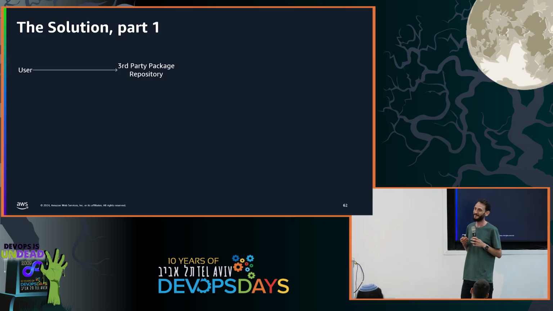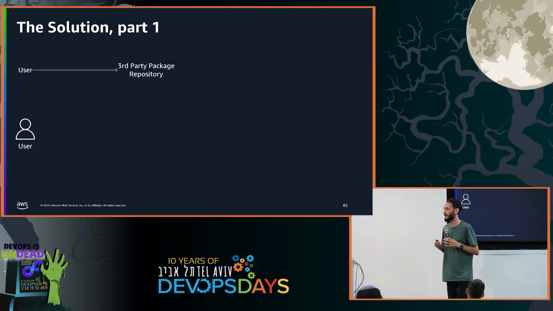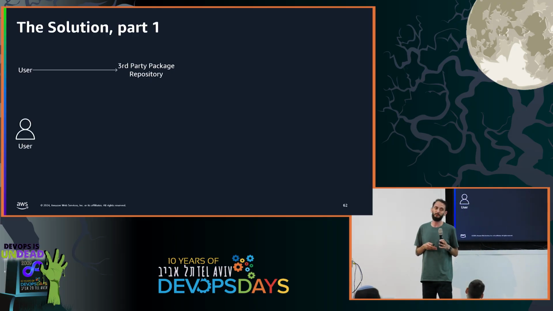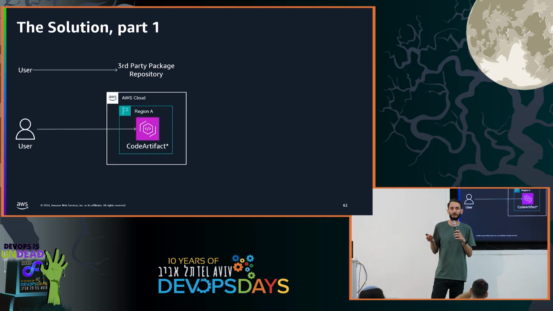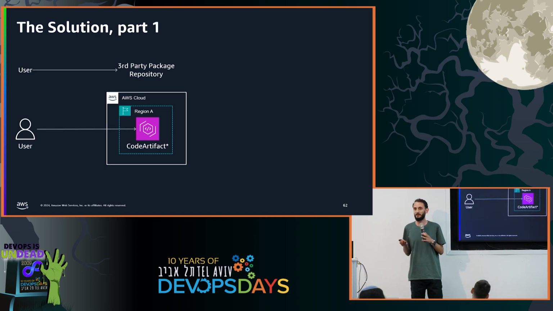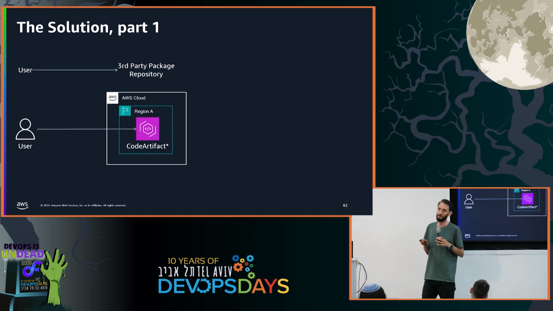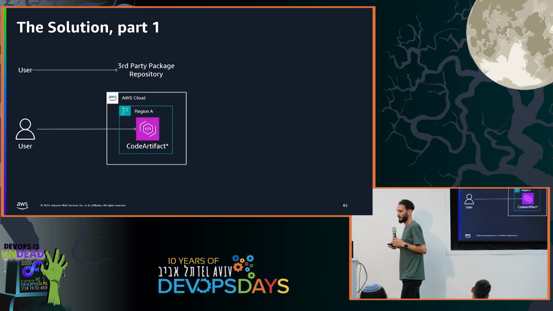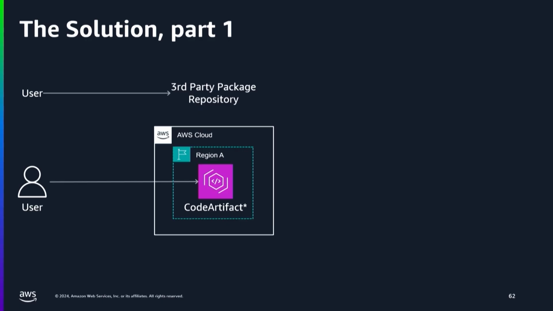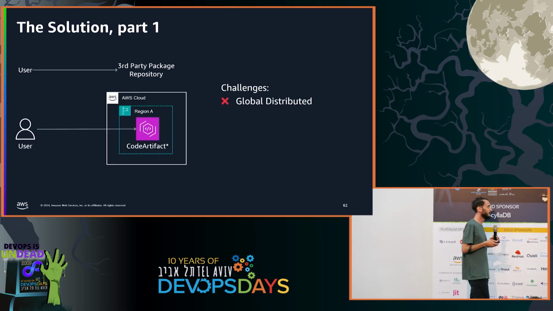Some of them are out in the hallway. So from an AWS perspective, the user will fetch the package from CodeArtifact. CodeArtifact is a managed service to store and serve your artifacts. And you probably think to yourself, okay, problem solved, right? We have a very simple architecture with managed services, but let's see how it stands with the requirements.